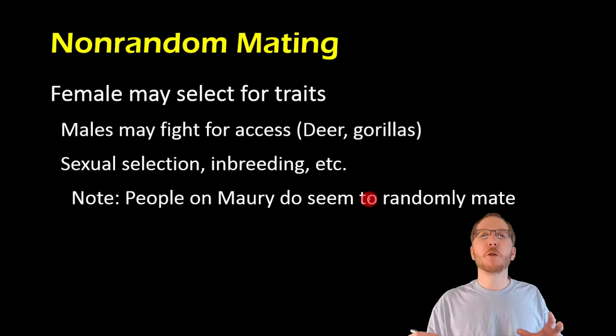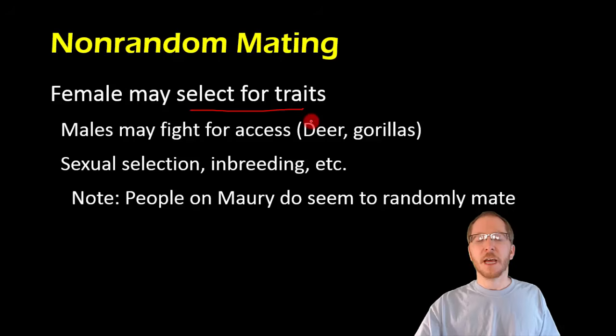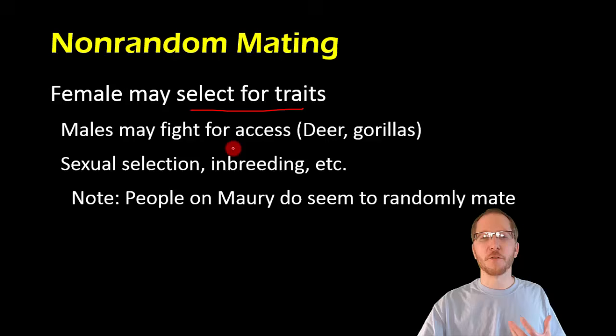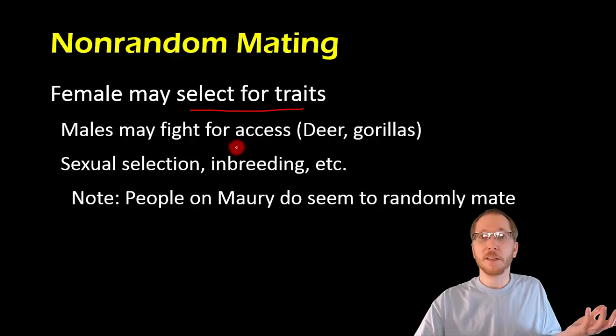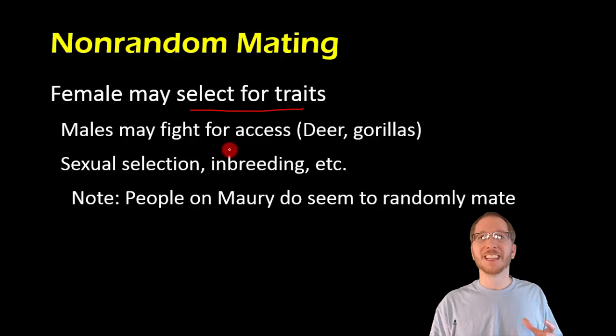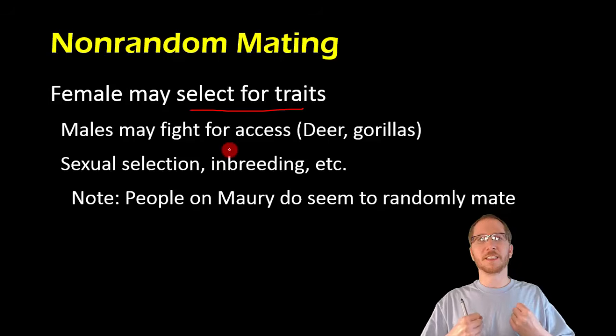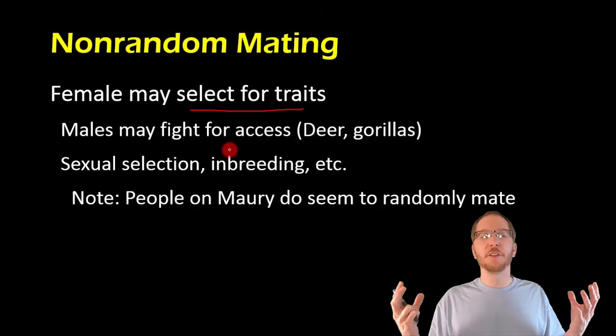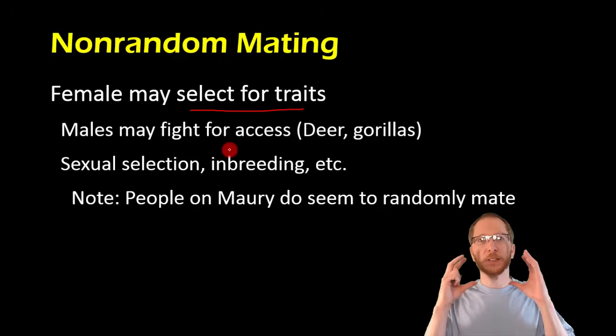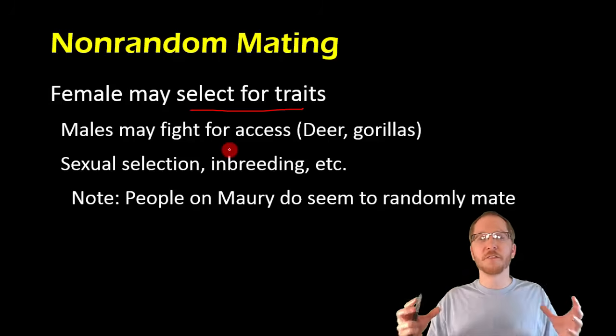Non-random mating really focuses a lot on this idea of sexual selection, that females ultimately tend to have certain preferences for traits. Now, some of these can be due to sexual selection where it's more the males fight for access to territory, and the females prefer males that have territories they want to live in. So the males fight most intensely over the best territories, and therefore the best males, the ones that seem to be the most able to survive, even given this battle that they constantly have to fight, or perhaps it's like deer where they've got horns they have to grow that they have to use to fight.